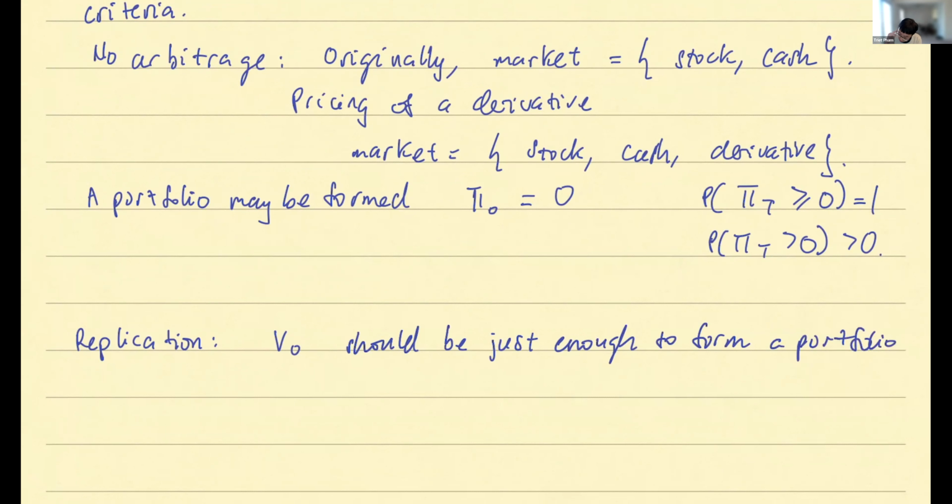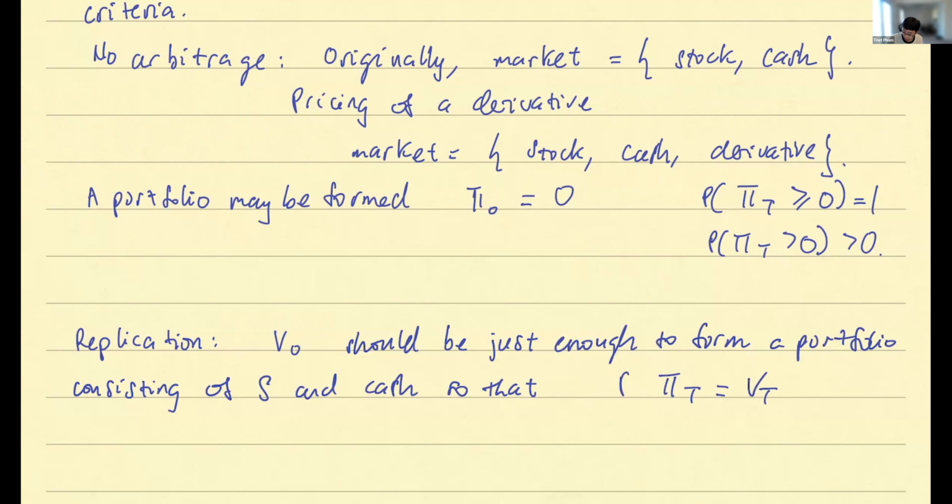Of course, the portfolio consists only of stock and cash, because that's the only thing you can trade in the market prior to having V. So that pi t equals to Vt. And to emphasize this, let's just say probability of pi t equals to Vt is 1.